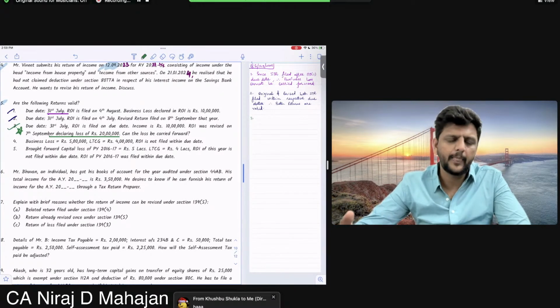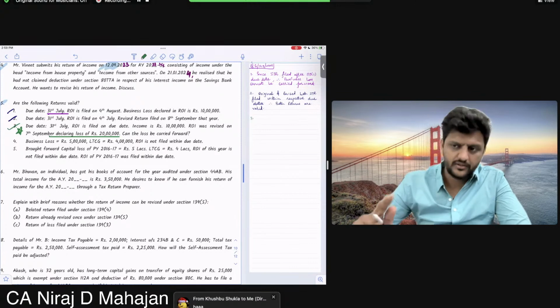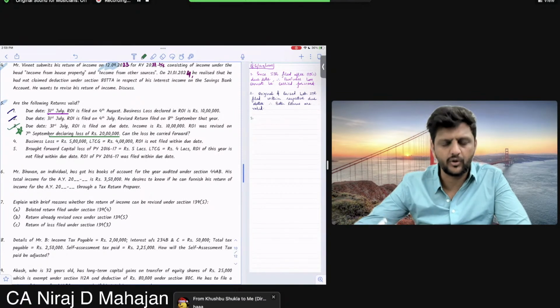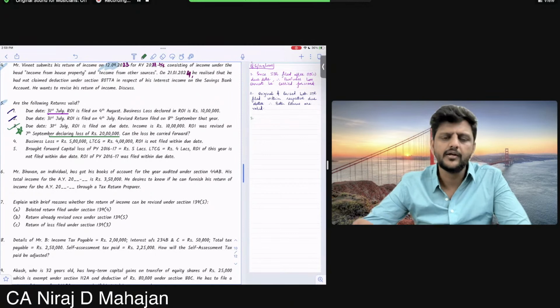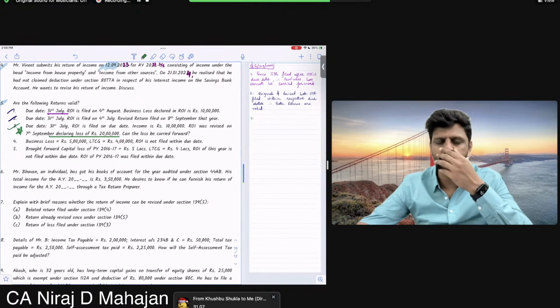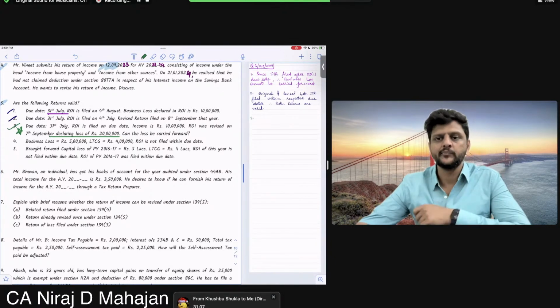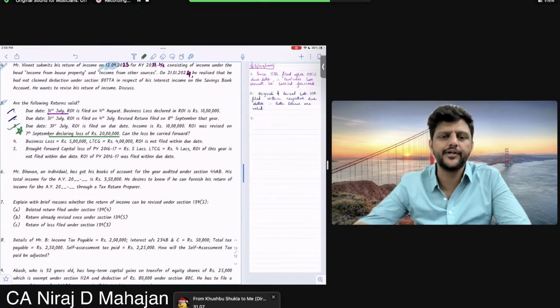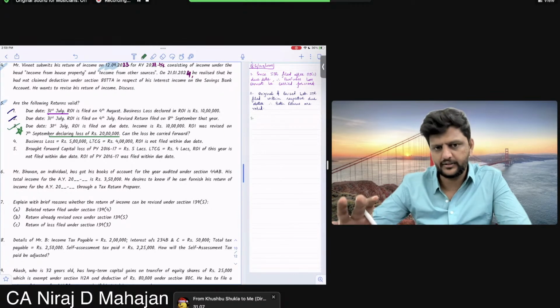Whatever was filed should be considered. Now, did you understand the importance of this wording, retrospective effect or whatever effect you want to take it? So even if you show the loss in September, it will be taken as if the loss was shown on 31st July, the 139(1) return. Understood? That is, before the 139(1) due date.